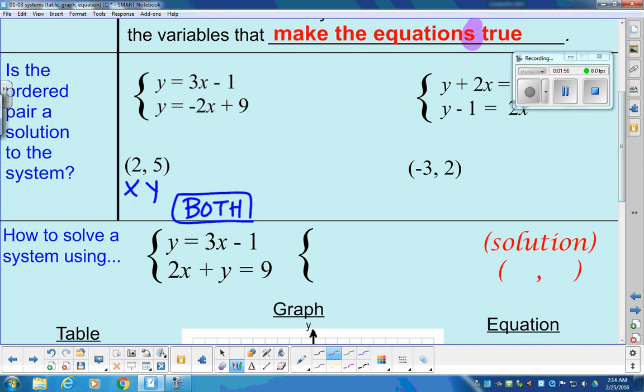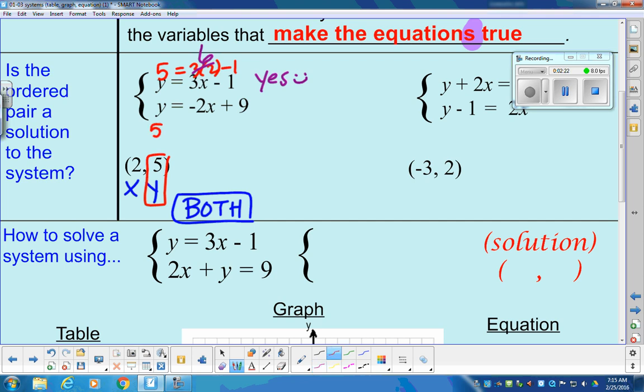So in the first set of equations, I'm going to plug a 5 in for y and a 2 in for x and see if that's true. So in the top equation I have 5 equals 3 times 2 minus 1. Feel free to use your calculator if you can't do that in your head. That's really 6 minus 1. So is it true that 5 equals 6 minus 1? Yes, that's true. In the bottom equation, let's double check that that works as well.